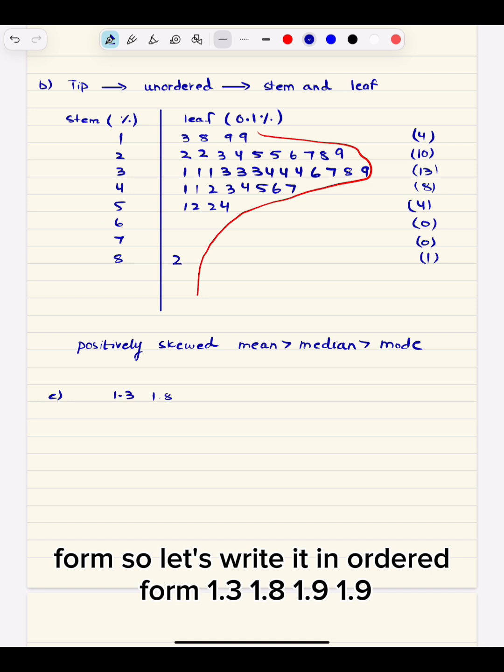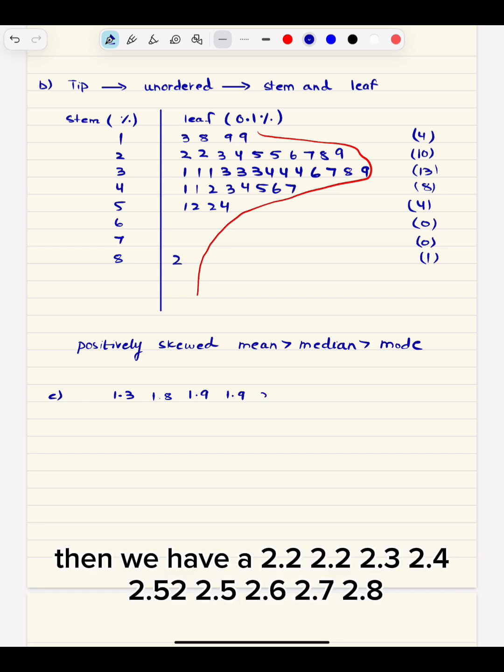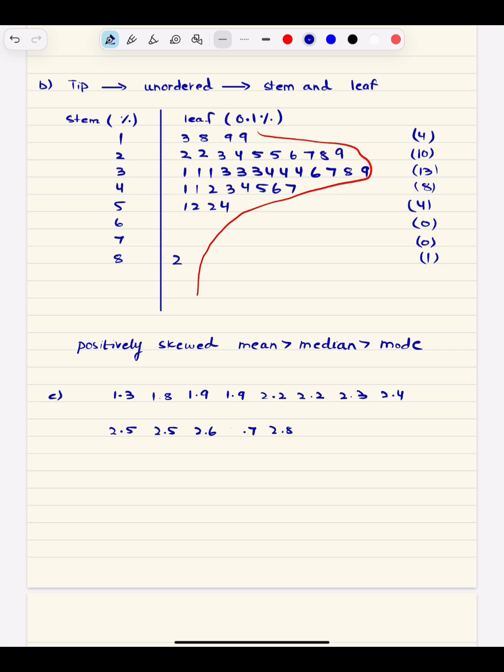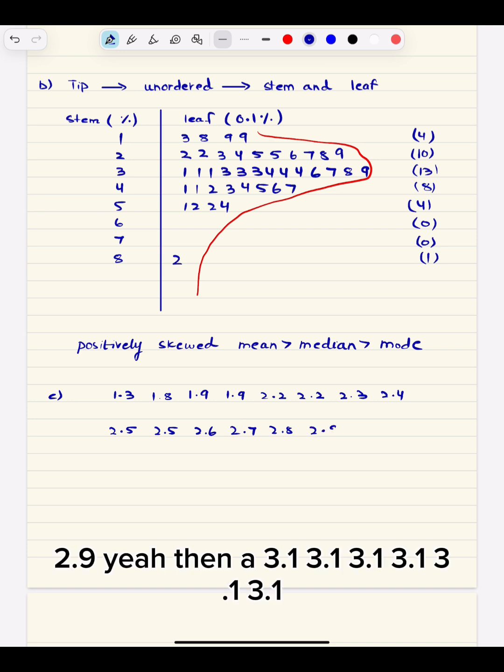1.3, 1.8, 1.9, 1.9. Then we have a 2.2, 2.2, 2.3, 2.4, 2.5, 2.5, 2.6, 2.7, 2.8, 2.9.